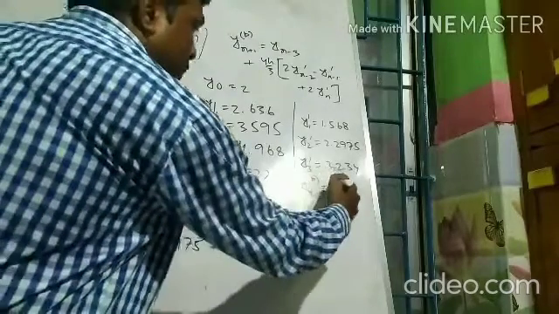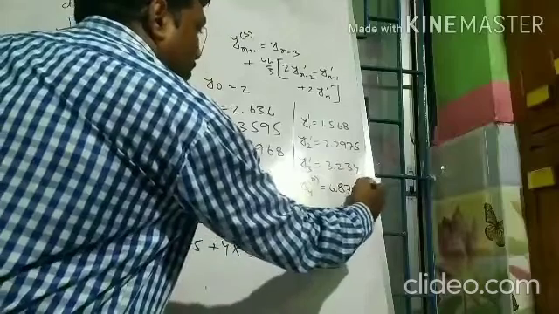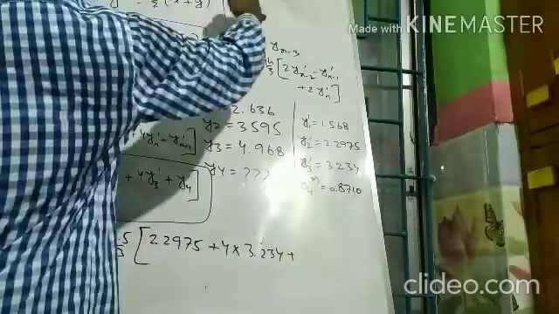This is 6.8710, the predicted value of y4 from this formula, y4p.